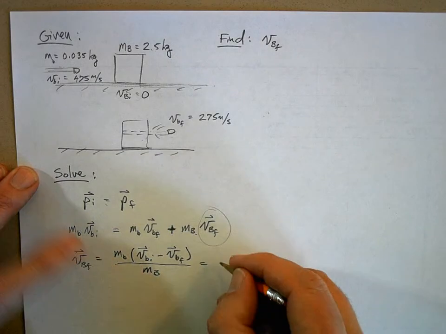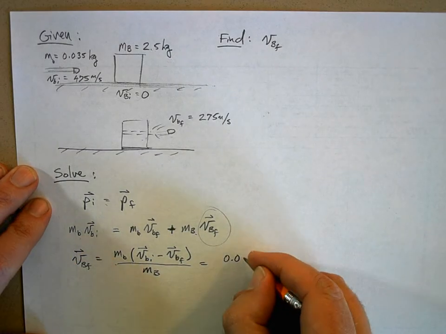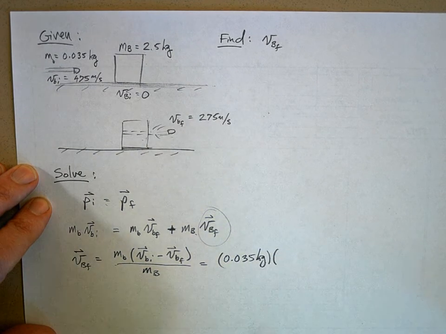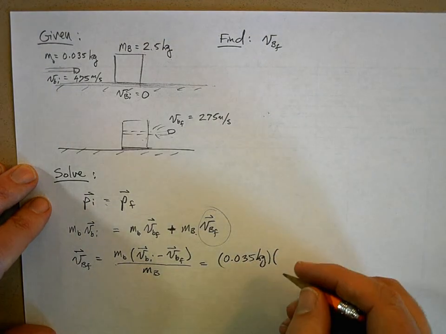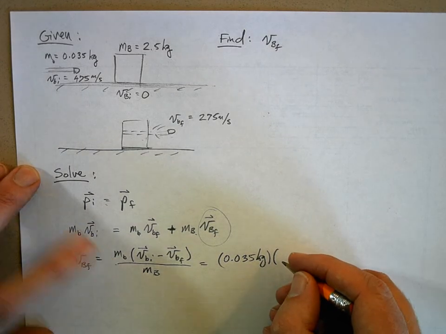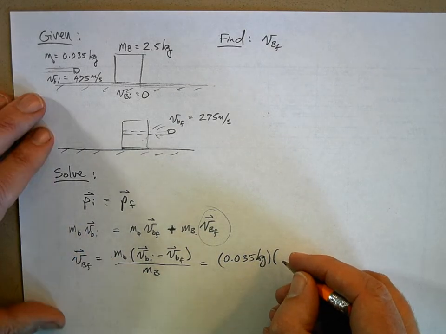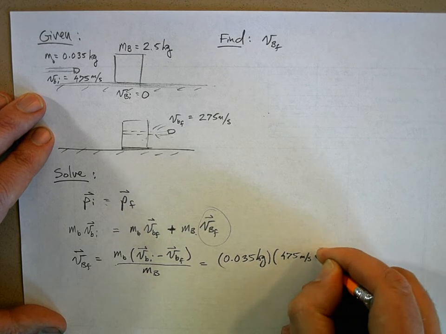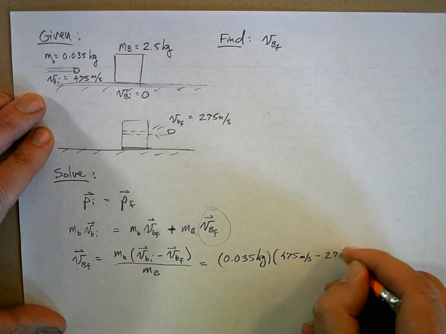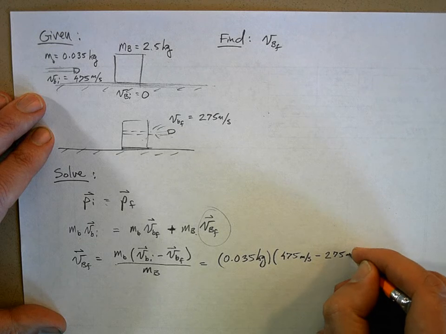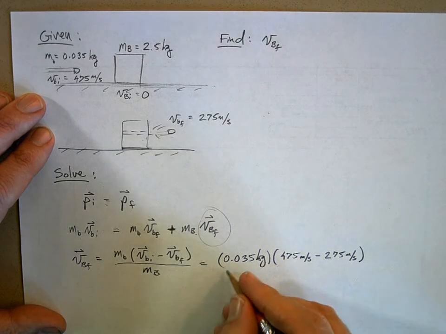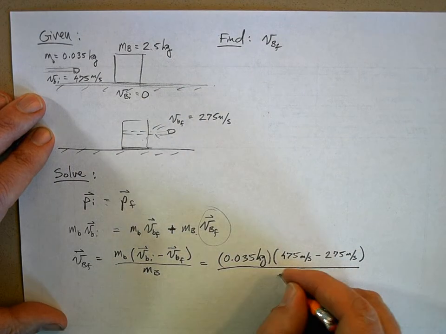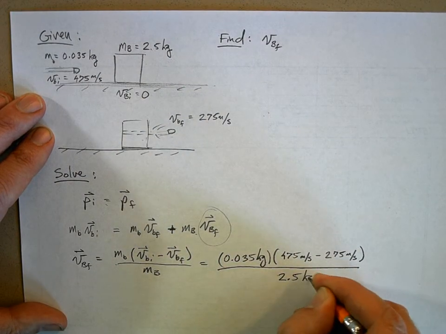The mass of the bullet is 0.035 kilograms. The initial velocity of the bullet is 475 meters per second minus 275, the final velocity of the bullet, divided by the mass of the block, which is 2.5 kilograms.